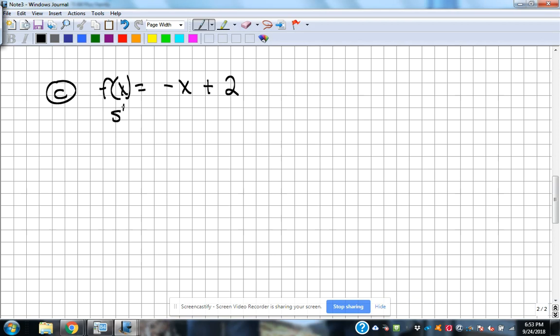What's our slope? Try again. -1. There's a negative in front of that x, so our slope is -1. Our y-intercept would be 0, 2. Good job.